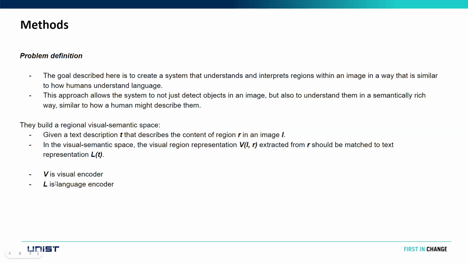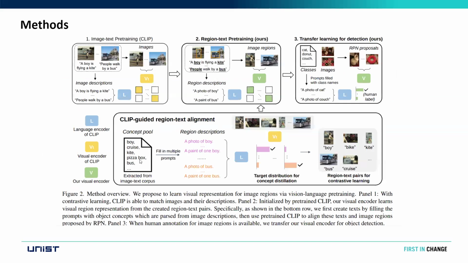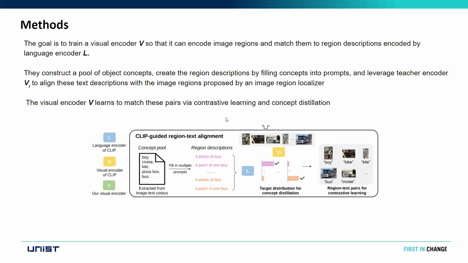Here V stands for visual encoder and L stands for language encoder. Here they're talking about this part. So they want to train a visual encoder that can encode the image regions and match them to the description encoded through the language encoder.